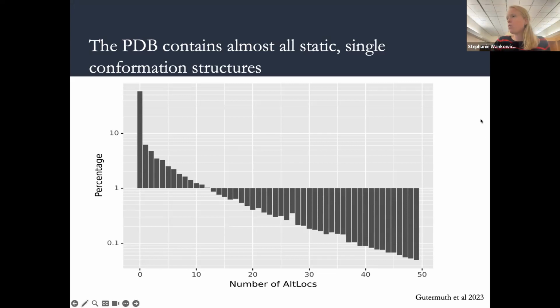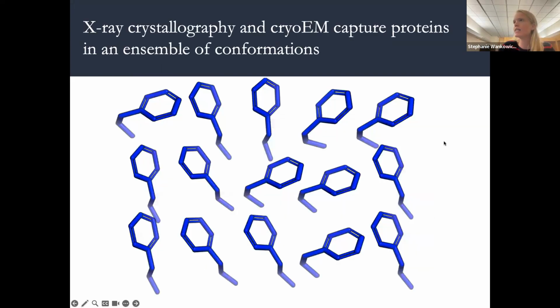So why should we be encoding multiple conformations of proteins? This is really because X-ray crystallography and cryo-EM capture proteins in an ensemble of conformations.